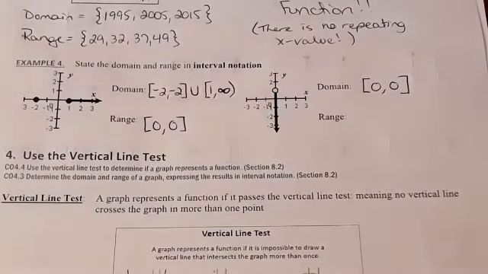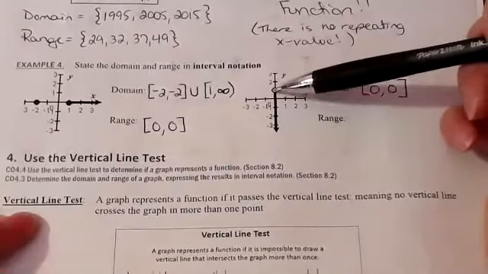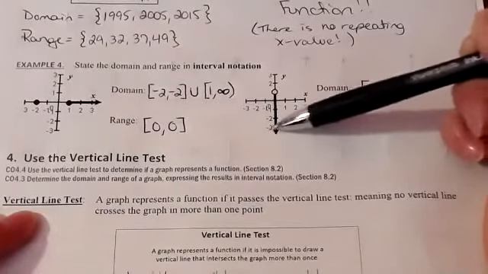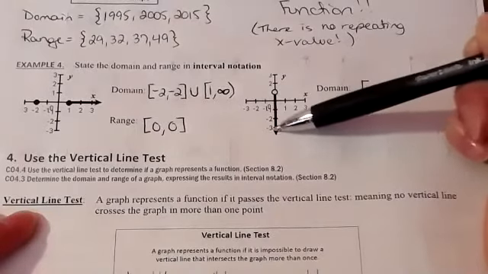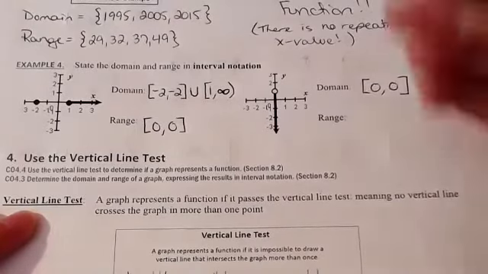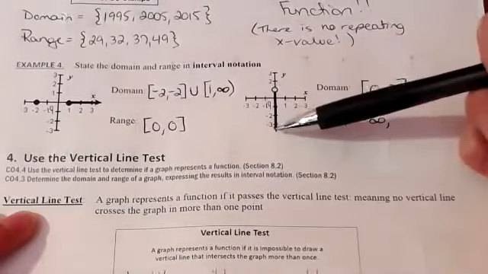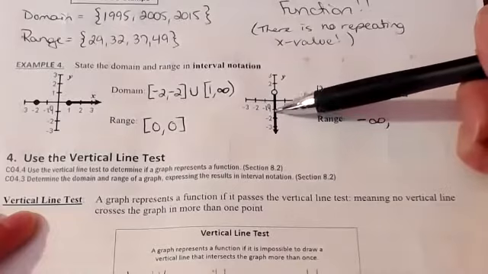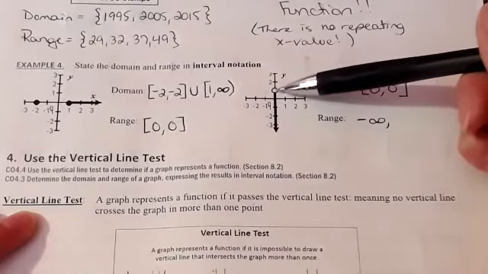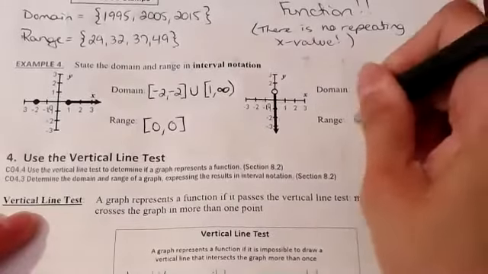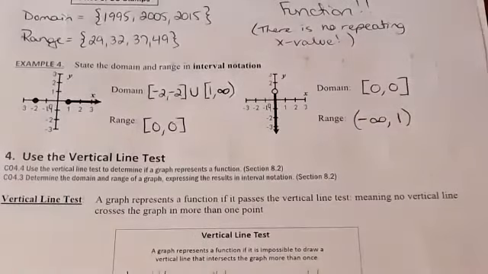We recognize that the smallest y coordinate in our range is found when we approach -infinity. As we follow this graph as high as we can go, we see that we're approaching +1, but we're not including it. So our range runs from -infinity to +1 using parentheses, since we can't include that point.